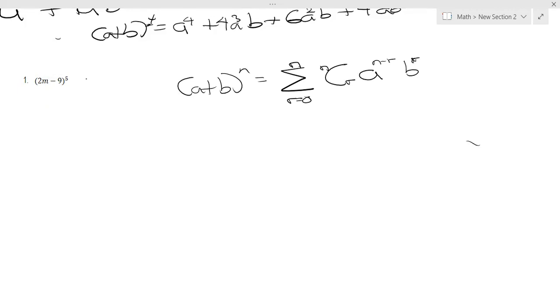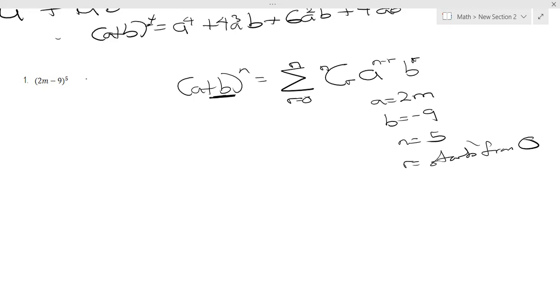Our a here is 2m. Our b is going to be minus 9, because here we use a plus b. And our n is 5, and our r always starts from 0. Those are the things we need to know, and then from there we'll be able to expand this.